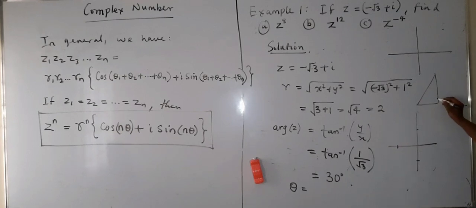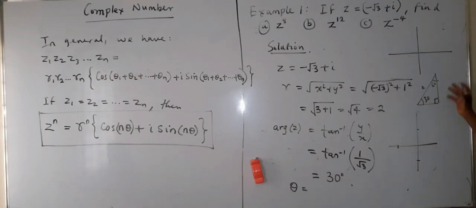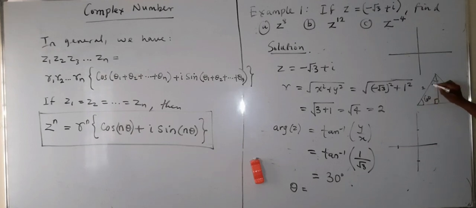Now, if you look at this angle here, this is 90, this is 30, this is 60, right? Here is 30, here is 60, here is 30.